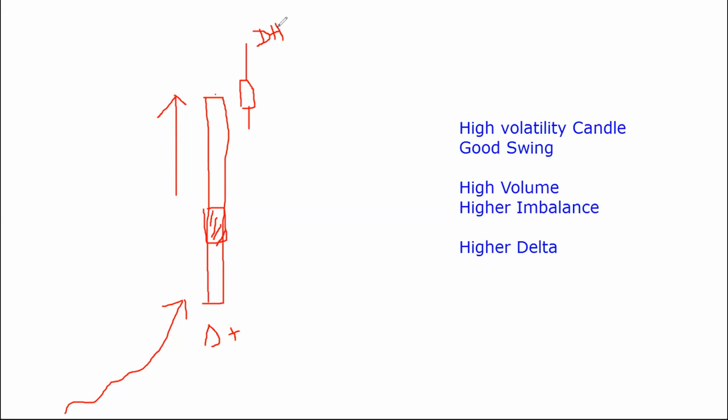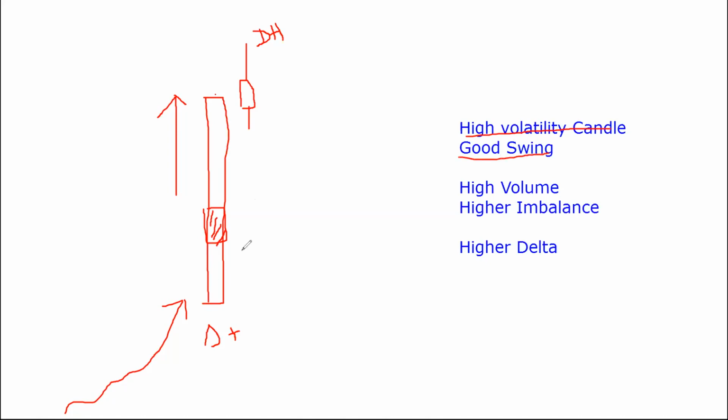Okay. What I'm trying to say is that let's say we are seeing a big high volatility candle. Are you able to follow me? Yes. So I'm talking about a high volatility candle, and previously we have a very good swing, right?